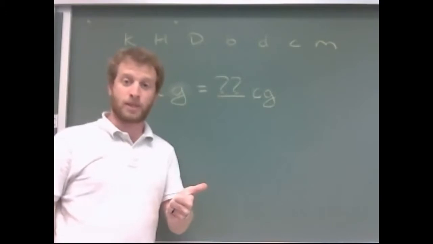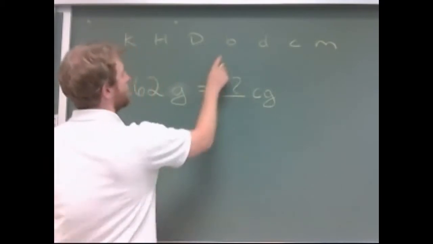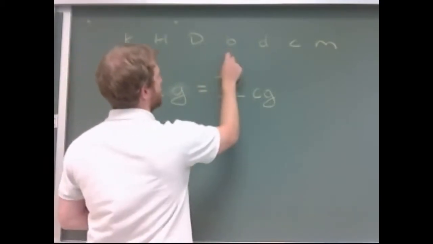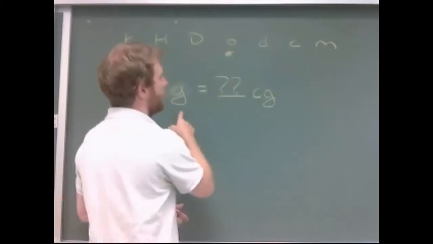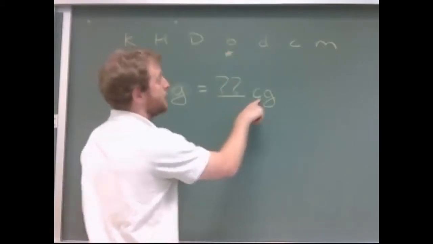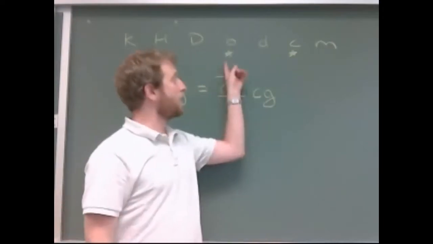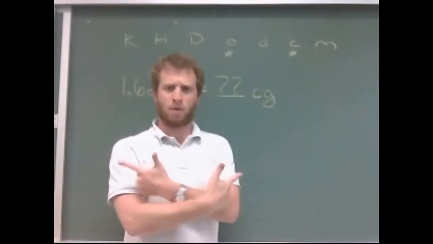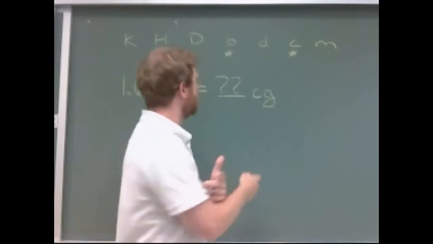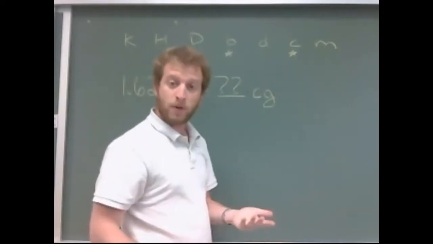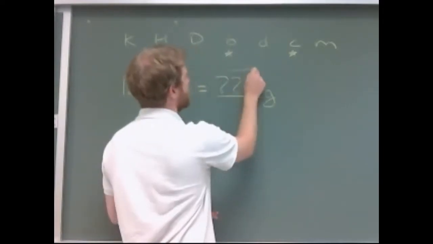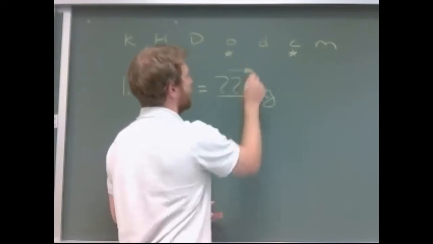Okay, first step, figure out where I'm starting and where I'm ending. Starting at my base, grams is base, and I'm ending all the way over at centi. Okay, starting at base, going to centi. Am I moving left or am I moving right? Should be moving to my right. So I know I'm going this way.